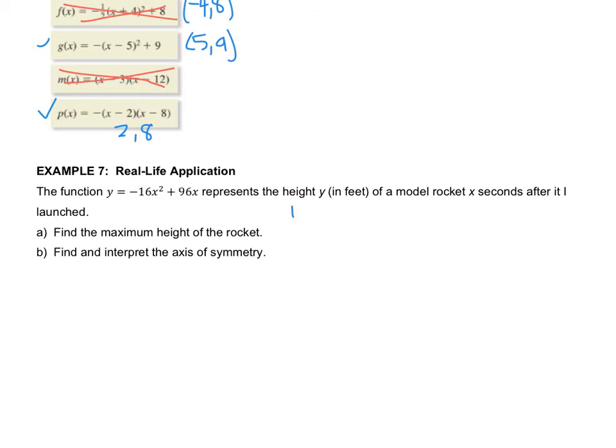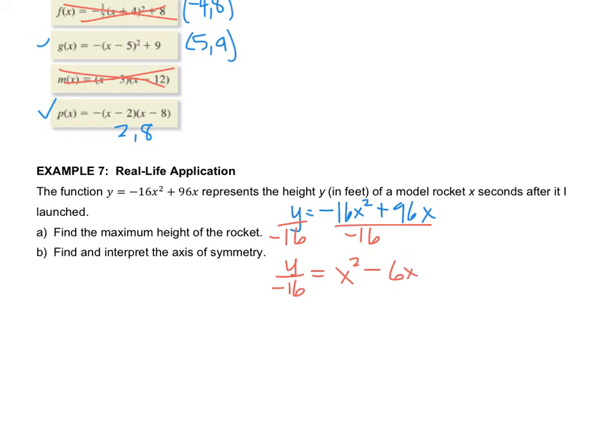So I'm going to write down my quadratic, y equals -16x squared plus 96x. The first step is to make sure that everything's where it needs to be. The second thing is to divide by -16. So don't freak out. We're just going to write y over -16 equals x squared minus 6x.